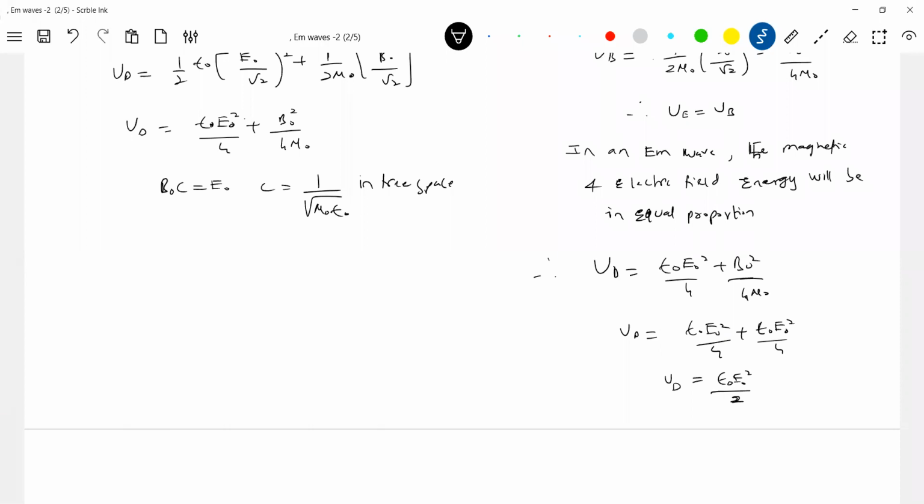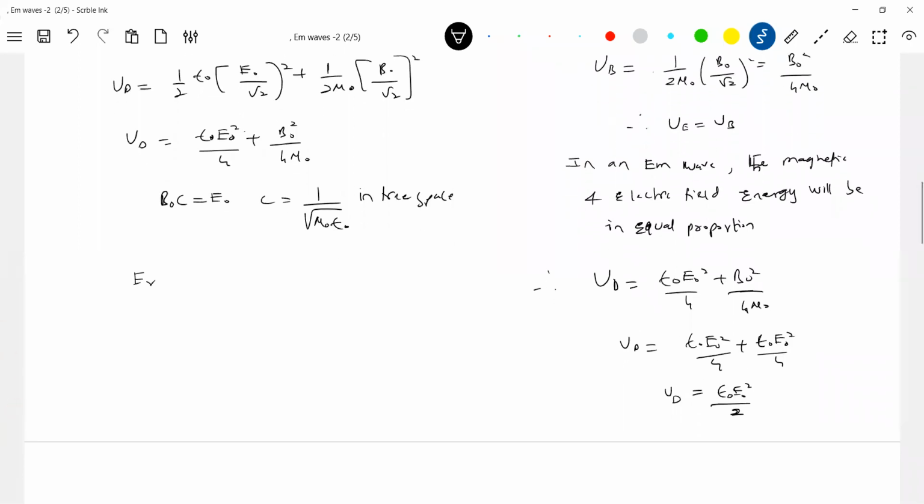Usually, what is to be known is whether you are writing in terms of E naught. Let me write it, and we know E naught is equal to E RMS, these ideas I'll write separately.